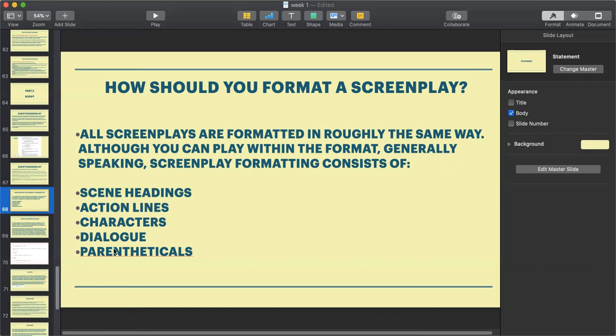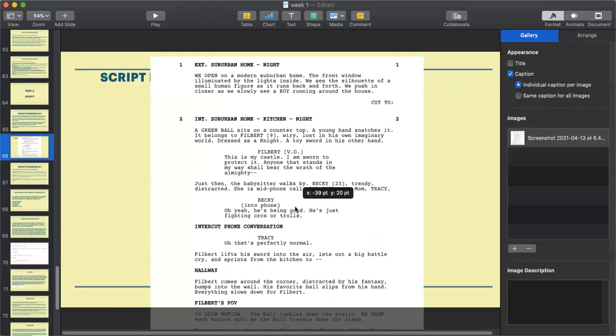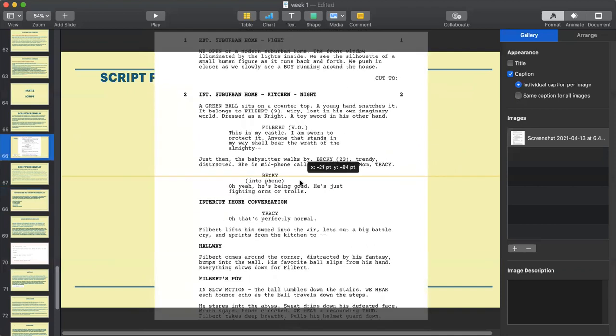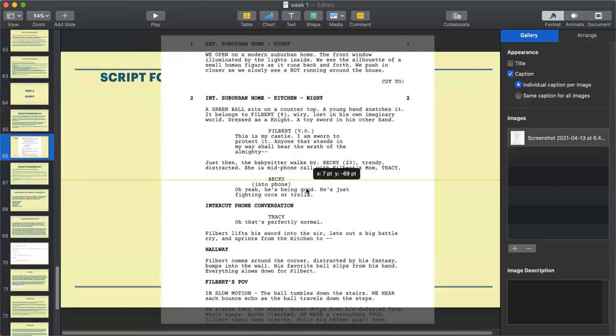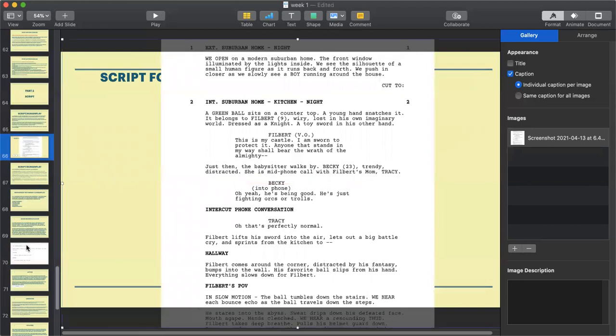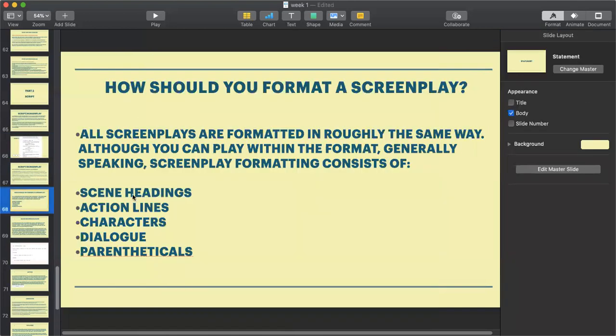These 5 things will always be in a script. Like the format I have shown here, this is a very generic format for a script, and it contains all these 5 things: scene heading, action lines, characters, dialogues, and parentheticals.